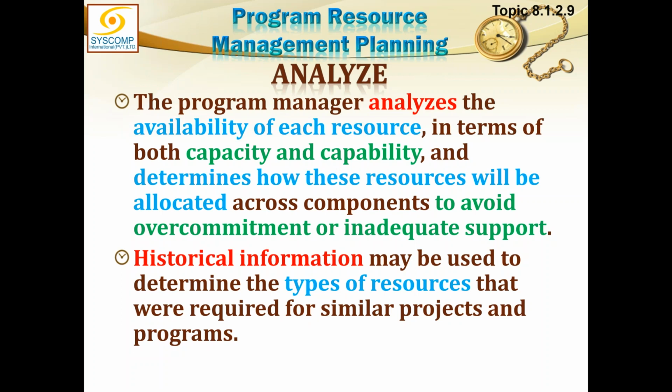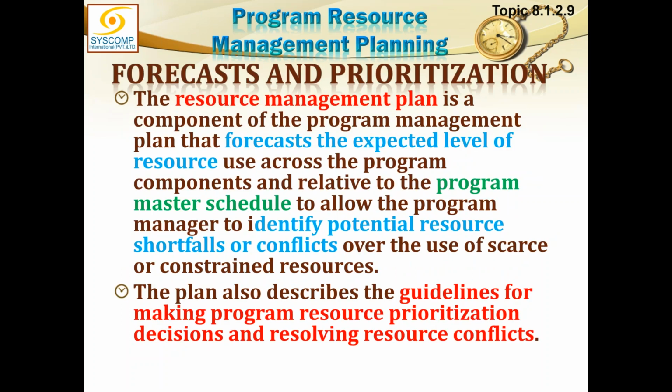Historical information may be used to determine the types of resources that were required for similar projects and programs. The resource management plan is a component of the program management plan that forecasts the expected level of resource use across the program components and relative to the program master schedule to allow the program manager to identify potential resource shortfalls and conflicts over the use of scarce or constrained resources.